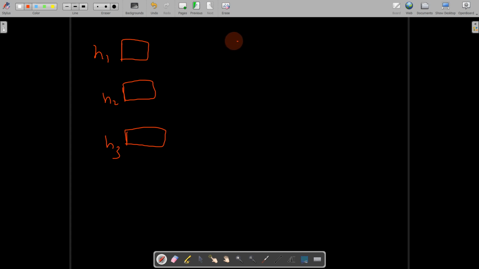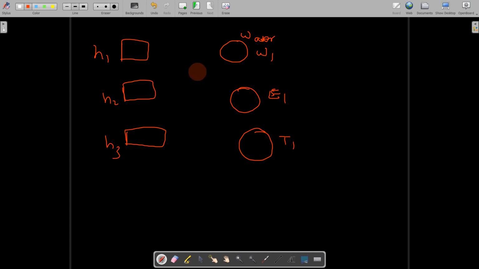First is the water supply connection. This is the water supply connection, W1. Then is your electricity connection. I will write it in short form E1. And next is the telephone line connection, T1. So the question is, all the three water, electricity and telephone line connections have to be made from the powerhouses to these three houses.